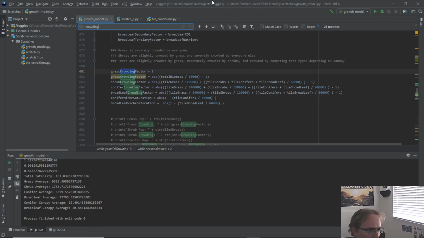Crowding factor 1. Oh yeah, holy crap. Way too austere. I think this will go a long way.